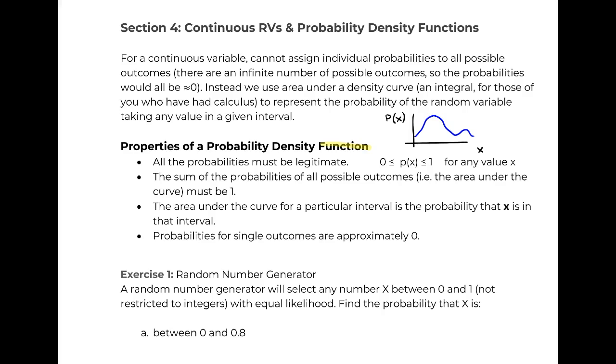But there are some requirements for this. This whole area under the curve has to be 100% or 1. That's the entire probability of the entire sample space. And then each and every one of these actual heights has to then, of course, be between 0 and 1, right?